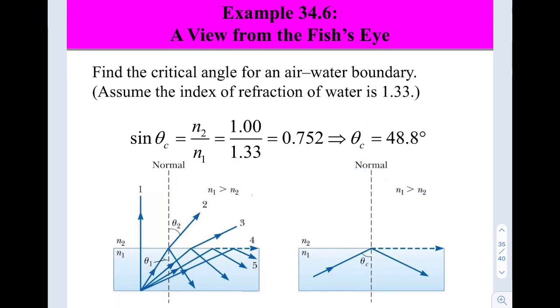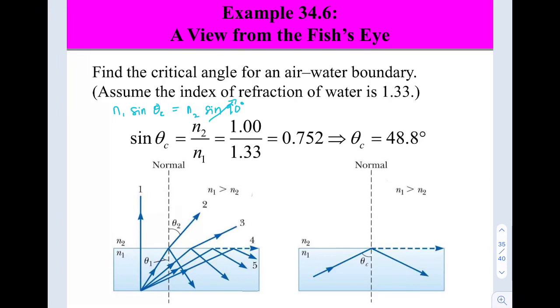Example 34.6, a view from the fish eye. Find the critical angle for an eye-water boundary. Assume the index of refraction of water is 1.33. As we know, n1 sine theta c is equal to n2 sine 90. This is the condition for total internal reflection to happen, where the incident angle equals the critical angle.